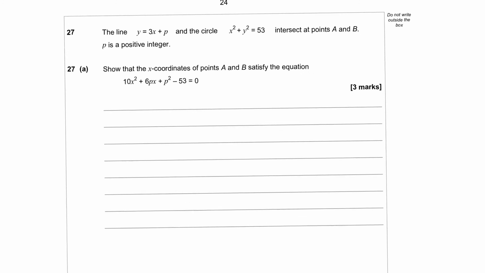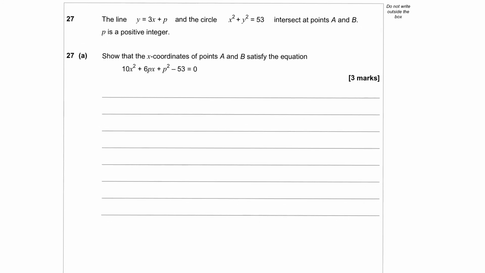So question 27 says that the line y equals 3x plus p and the circle equation x squared plus y squared equals 53 intersect at points A and B. So it wants us to show that the x coordinates of both points A and B satisfy this equation. If you've got two equations and they intersect at the same point, that basically means that points A and B have got the same x and y values.